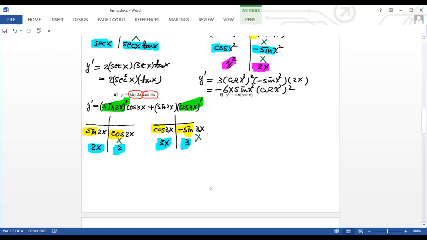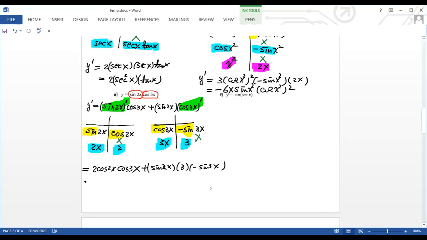Okay, so now let's put it back together. The first one is 2 cosine 2x. So it's 2 cosine 2x times cosine 3x plus sine 2x times 3 times negative sine 3x.